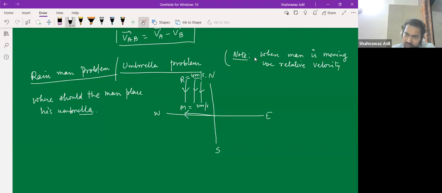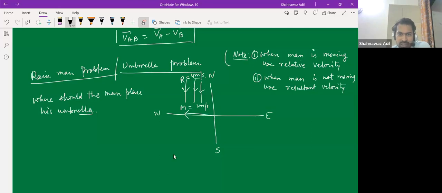Okay, this is one. And when the man is not moving, use resultant velocity. Is this clear?